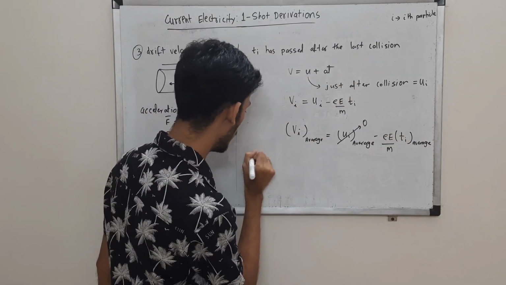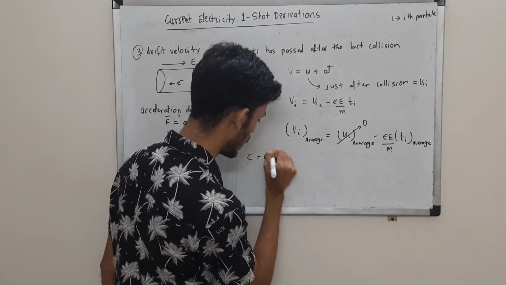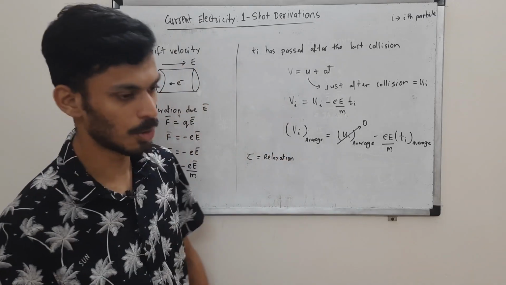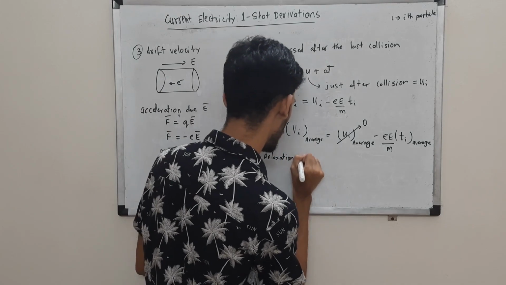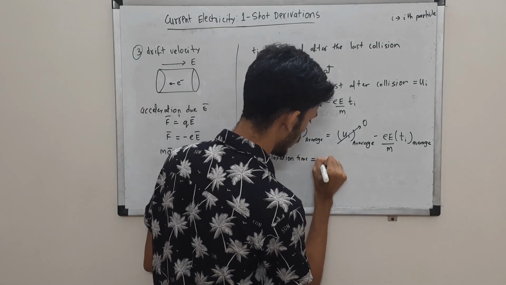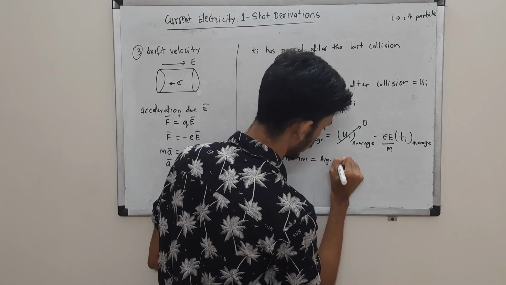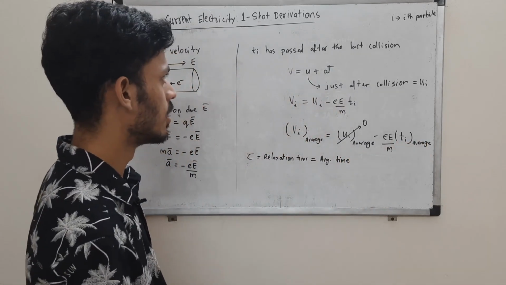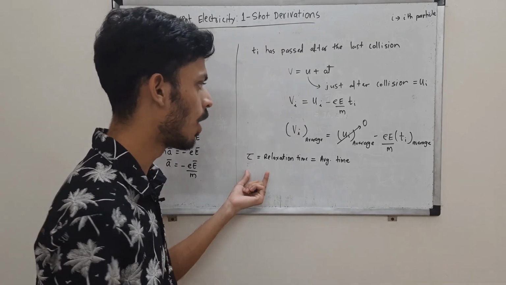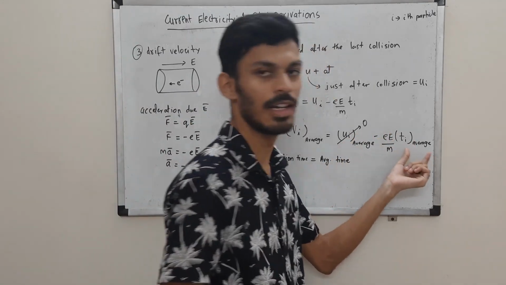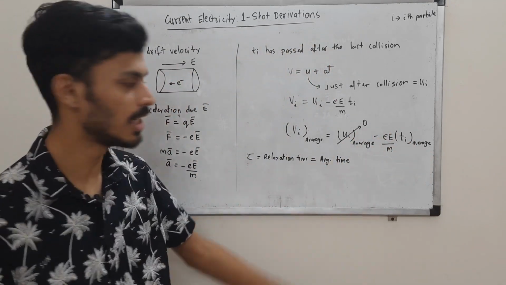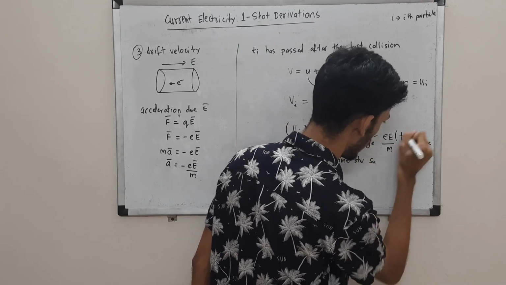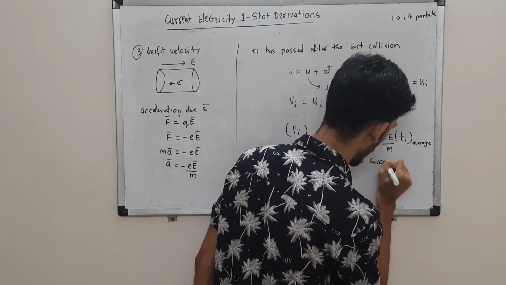We defined a term tau, the relaxation time, which is the average time between two successive collisions. So since this time average is the time after collision, the average of that will be nothing but tau. So this will basically become tau. That is what I am saying.